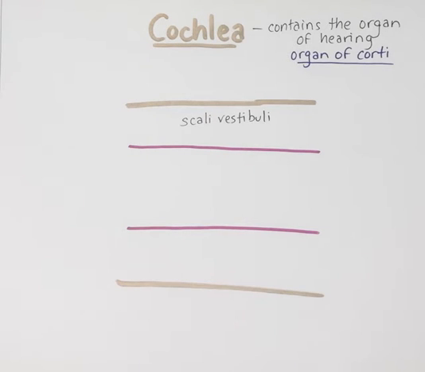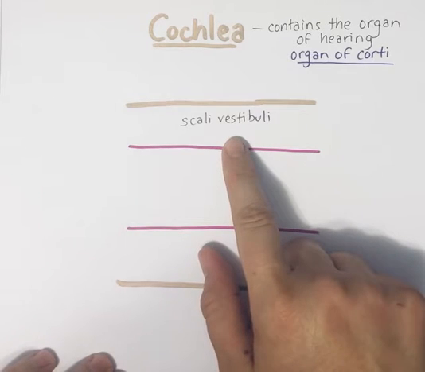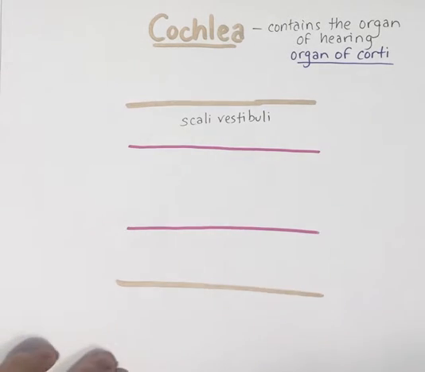The stapes is an auditory ossicle that is going to basically vibrate the fluid inside of the scala vestibule, known as perilymph. So there has to be a way for the middle ear to basically send vibrations into the ear.